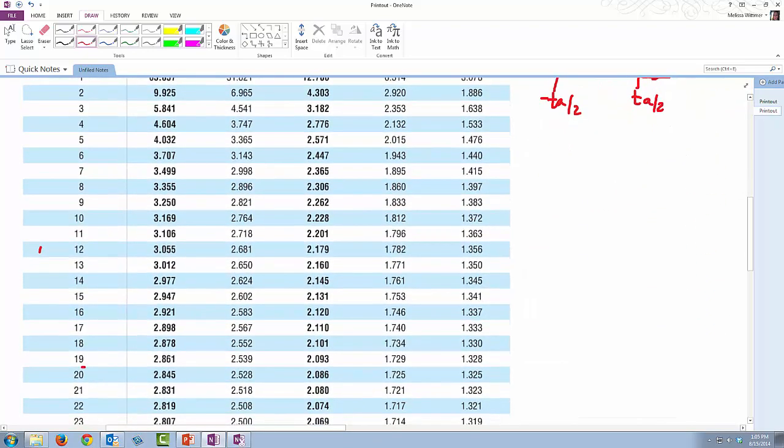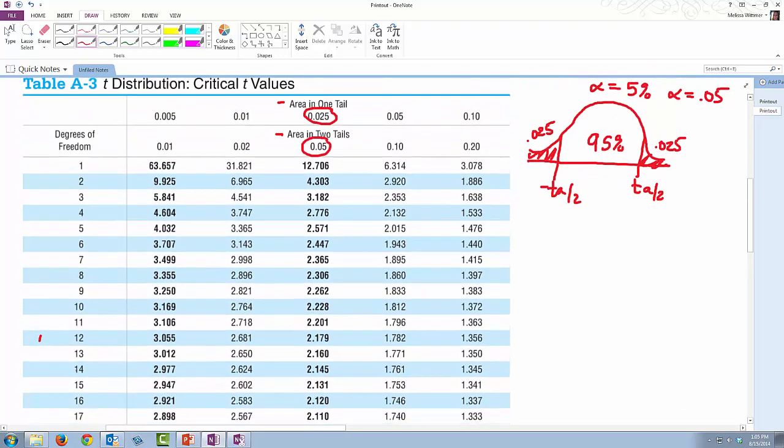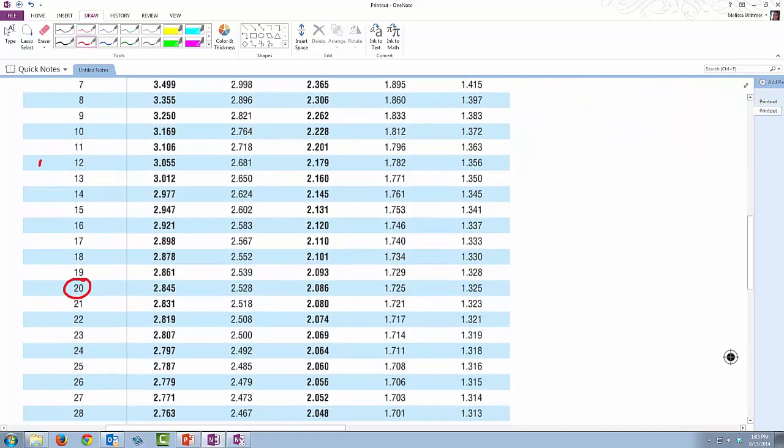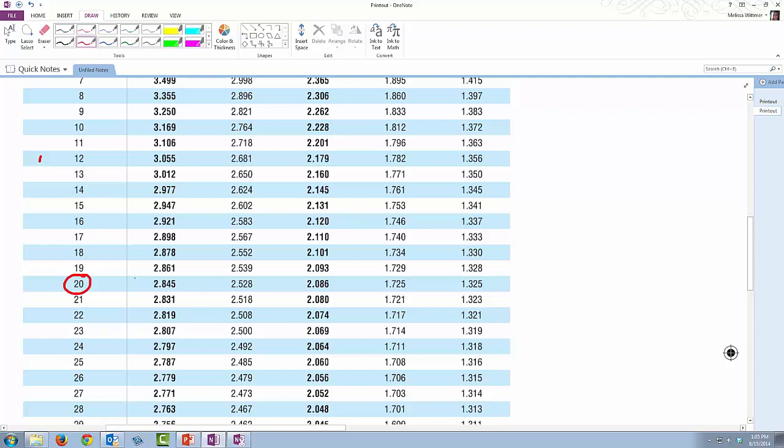Also, my confidence level was 99%, so alpha is 1% or 0.01 in two tails, or it's 0.005 in one tail individually. So I'm in that first column. So my critical value T is in the first column on the 20th row, 2.845.